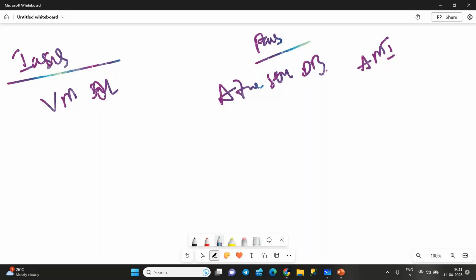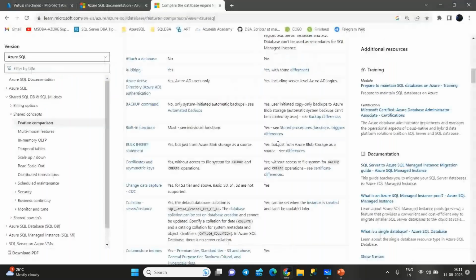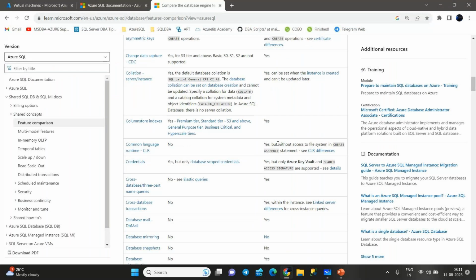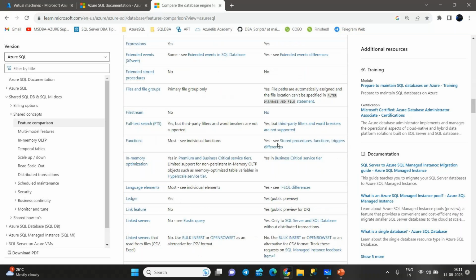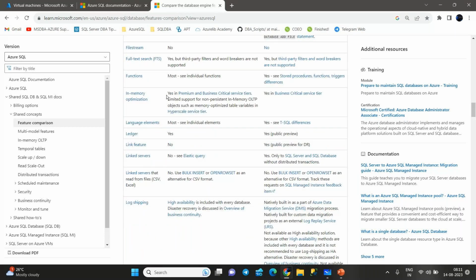Once you gather all the information, then you need to choose which platform will fit. So, for example, a little bit of confusion, Subbu. For example, in on-premises you are using the FILESTREAM feature, and after the migration you also need FILESTREAM.